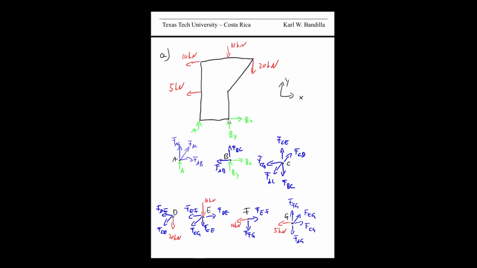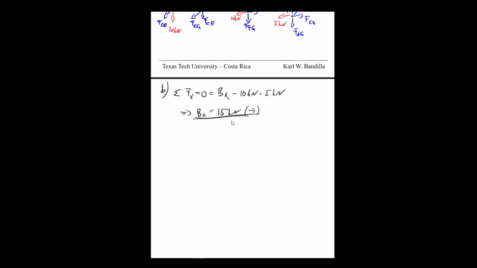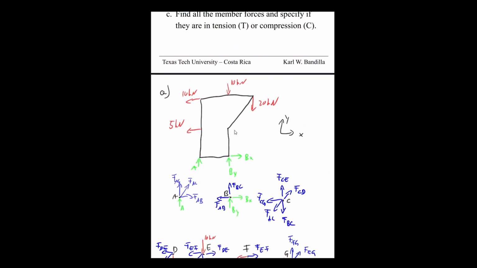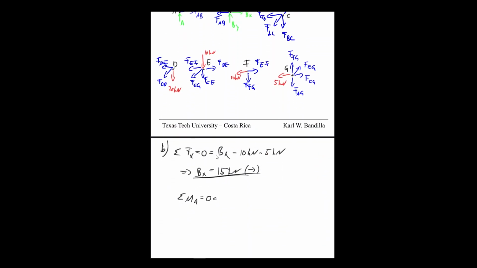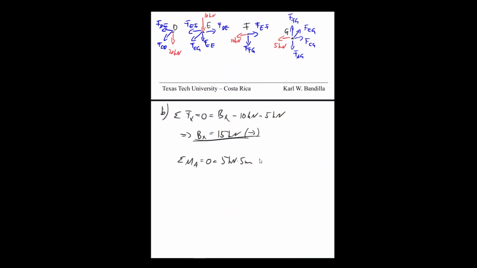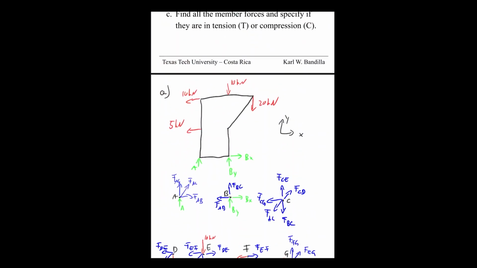All right, so for the other two, it's probably best to do moments. So maybe we'll do a moment around A, and then a moment around B. Sum of moments around A is equal to 0 is equal to, what do we get? We get 5 kilonewtons times 5 meters. So each of these blocks is 5 meters. Then this one also counterclockwise, so plus 10 kilonewton times 10 meters.